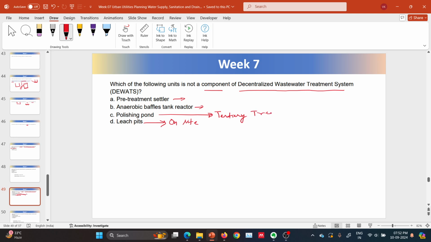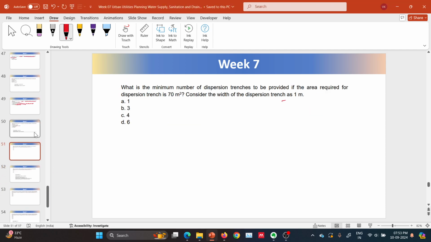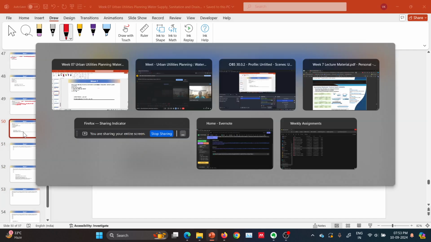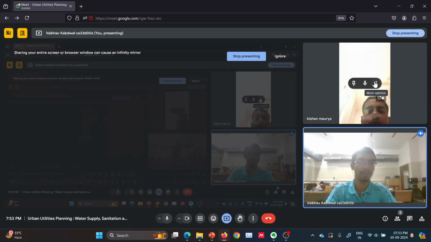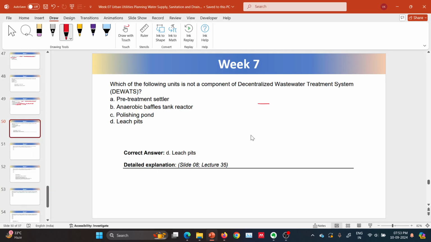So the leach pit is not part of decentralized wastewater treatment system.